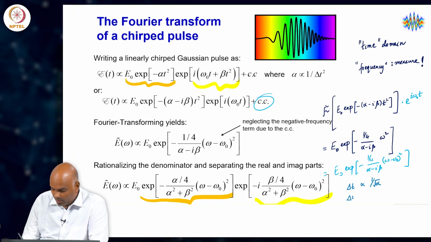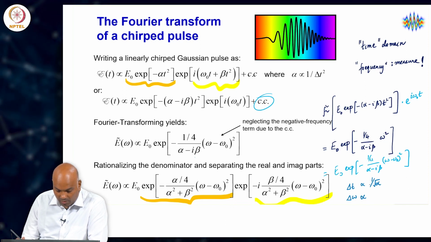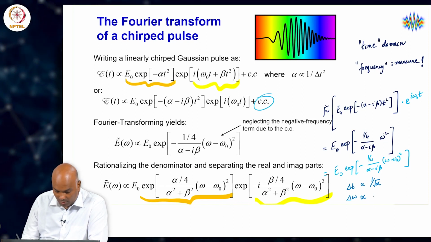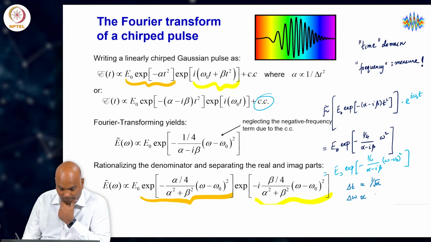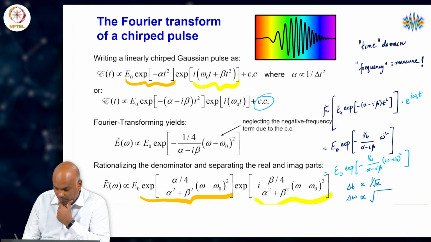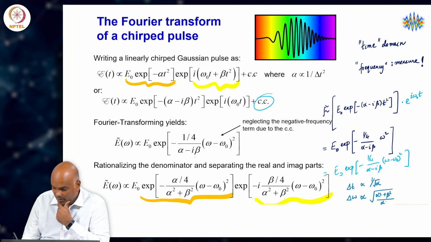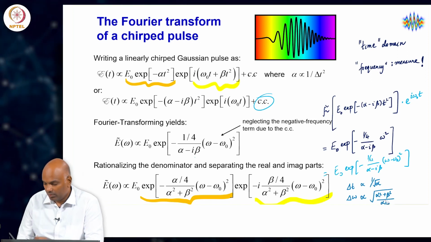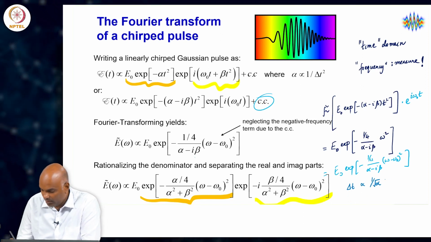Now, delta omega is proportional to the square root of alpha square plus beta square divided by alpha by 4. Okay, I am going off screen. So, let me write it differently.